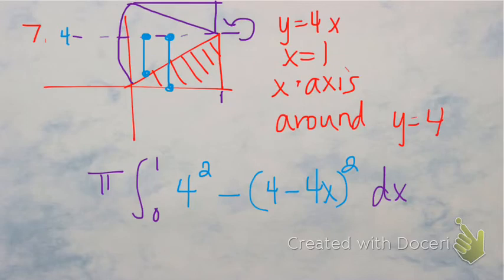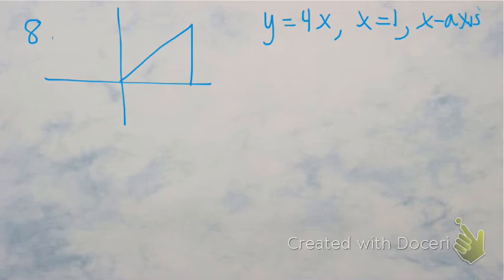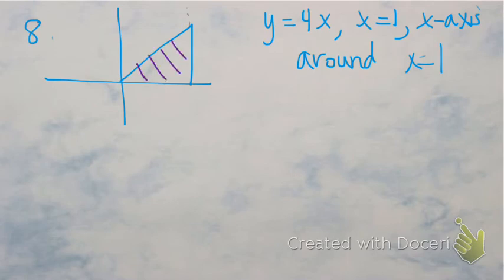Okay, let's look at what goes on whenever it's going around x equals 1 instead of y equals 4. So some of these pictures are going to look the same. Alright, so it's this part right here, and your x equals 1 is right there.